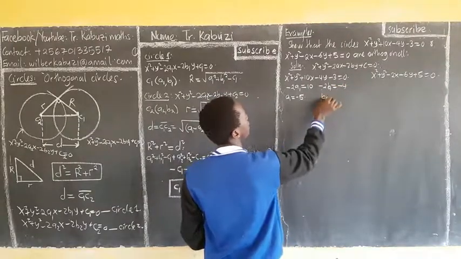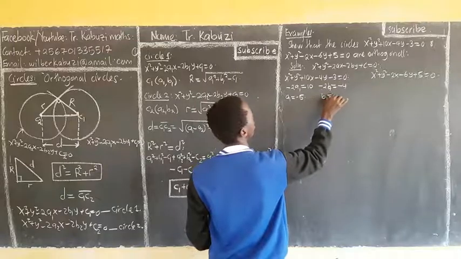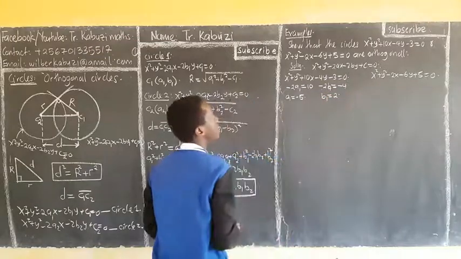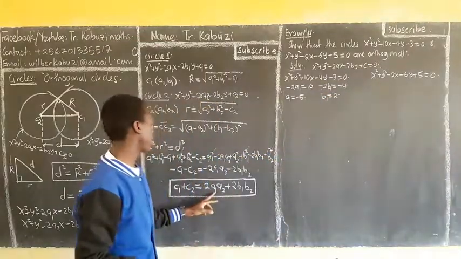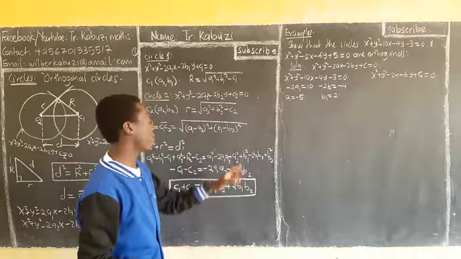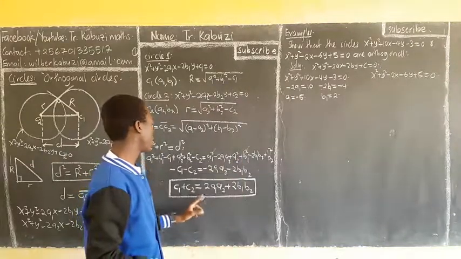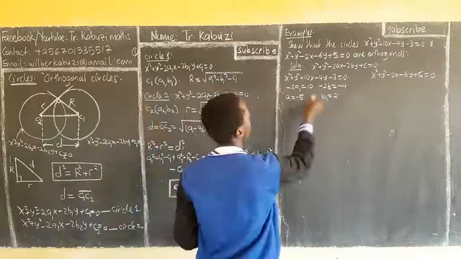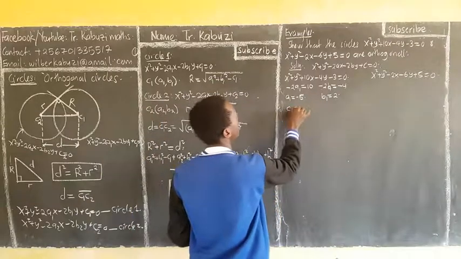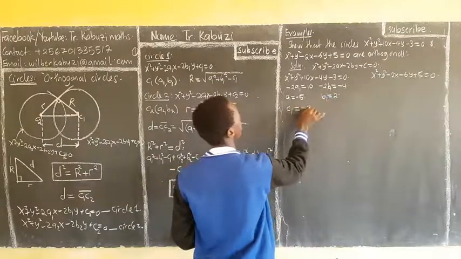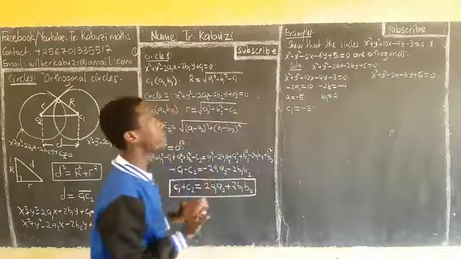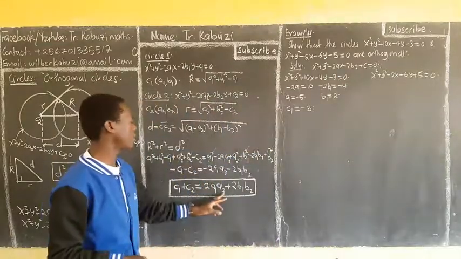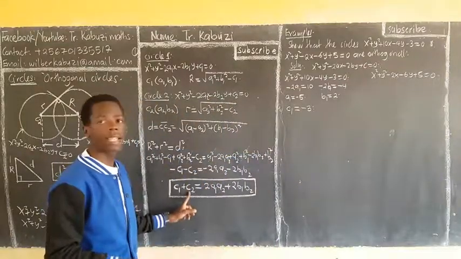Then b1 is going to be 2. So that's all we need. We need the a1, a2. So we have a1 and b1. So now we need also c1. We start from here. Our c1 is going to be negative 3. So that's all. Then we need also a2, b2, then c2.